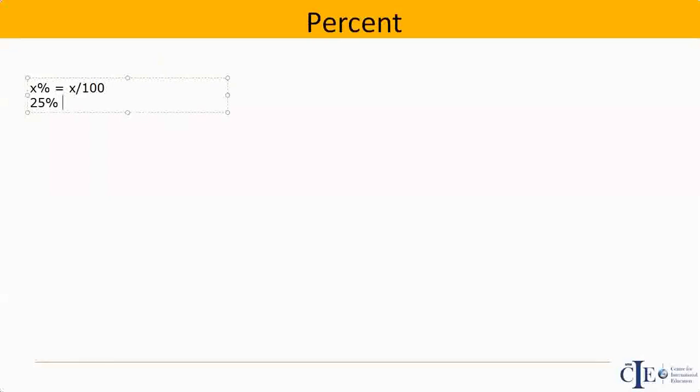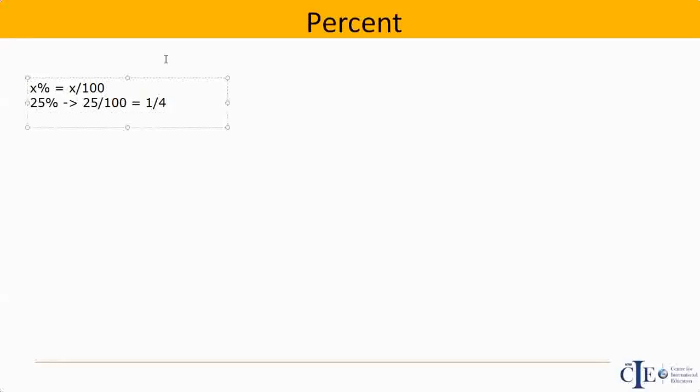Then all I need to do is divide that by 100. So I'll write 25 divided by 100, which will be equal to 1 by 4. So in order to convert a percent to a fraction, you just divide it by 100 and reduce it to the lowest form. Whatever you get is the fraction for that percent value.